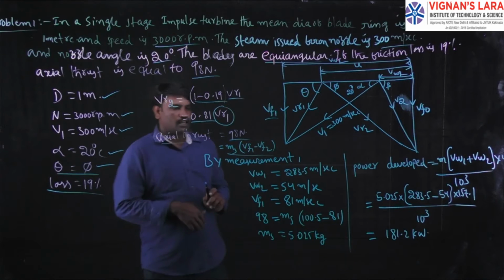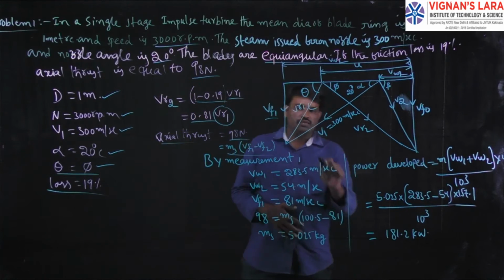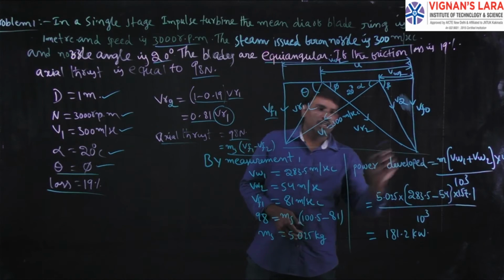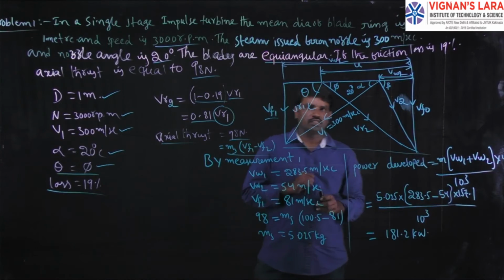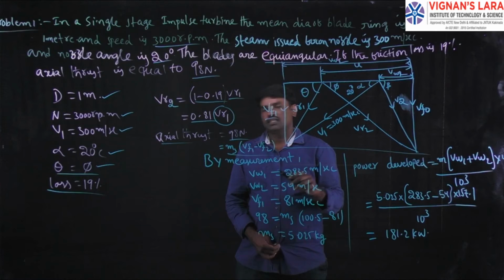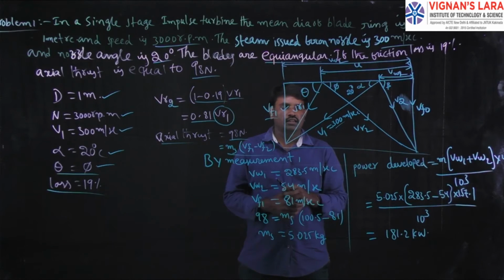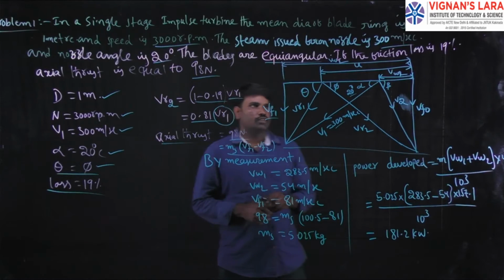Then you have to draw this velocity triangle based on the given measurement of velocities. U is already known, V1 is given, that is the nozzle velocity, and alpha is given, 20 degrees. And theta is equal to phi, as mentioned.